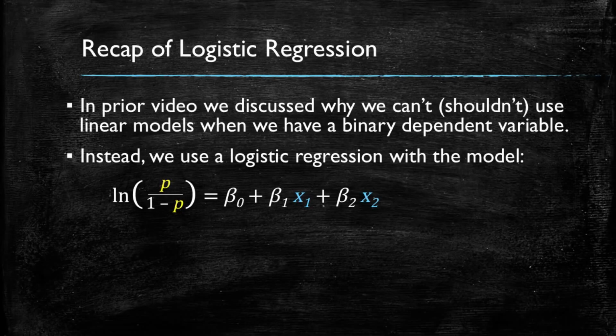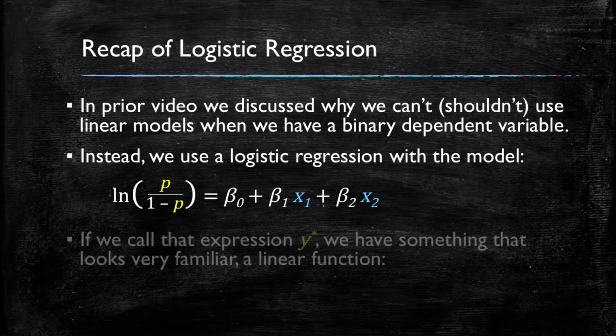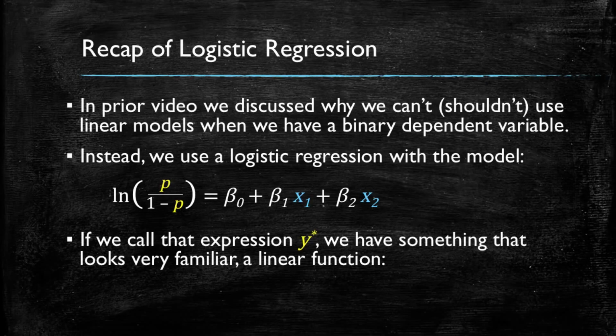We have the log of p over 1 minus p as dependent variable, and the remainder of the expression looks like a linear model. If we call that expression y star and simply rewrite it, then we end up having something that looks very familiar to us, a linear expression. And there are actually several similarities between linear models and logistic regression models that we can leverage.